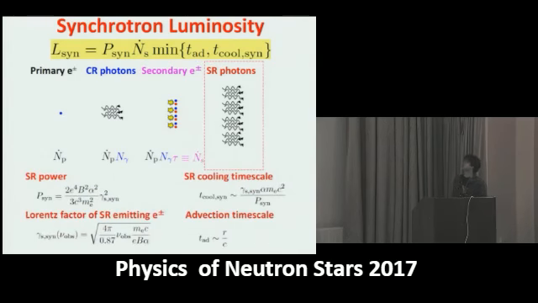Last is the synchrotron power. In this model, we fix the observed frequency and calculate the Lorentz factor of the synchrotron emitting particle. Using this Lorentz factor, we calculate the synchrotron power.